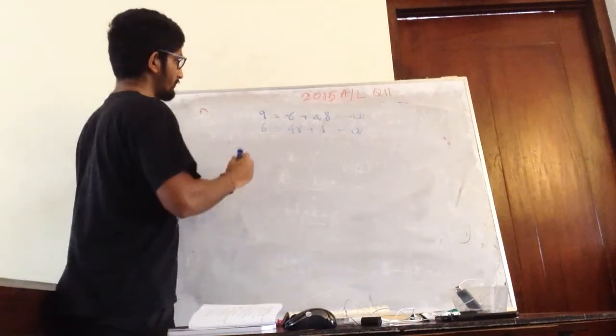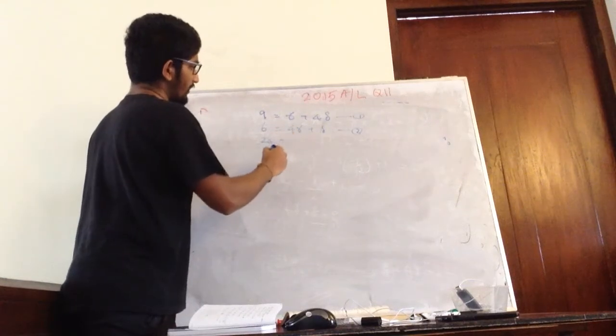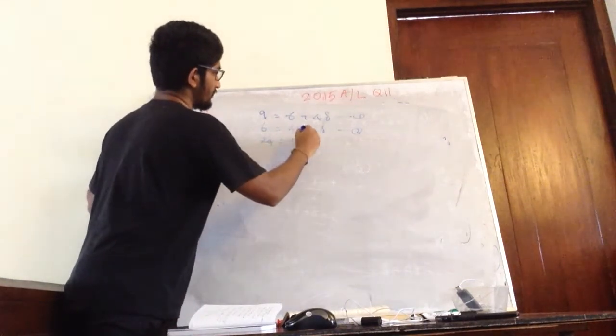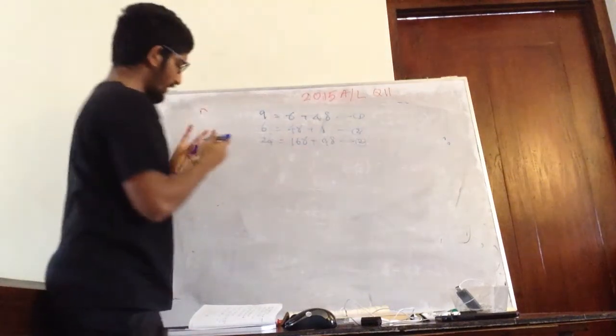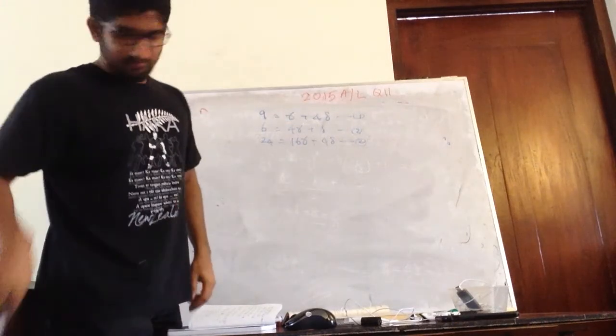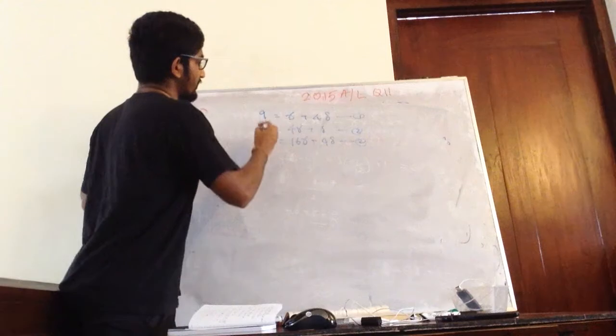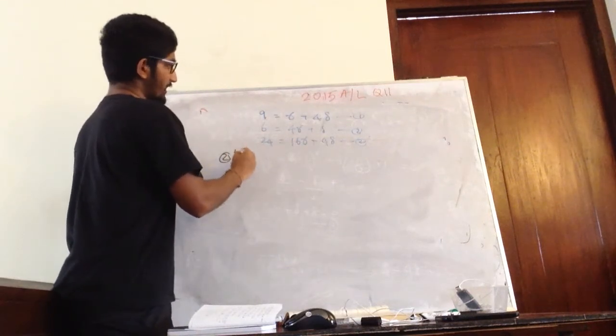I'm going to multiply the second one by 4, and then subtract equation 1.